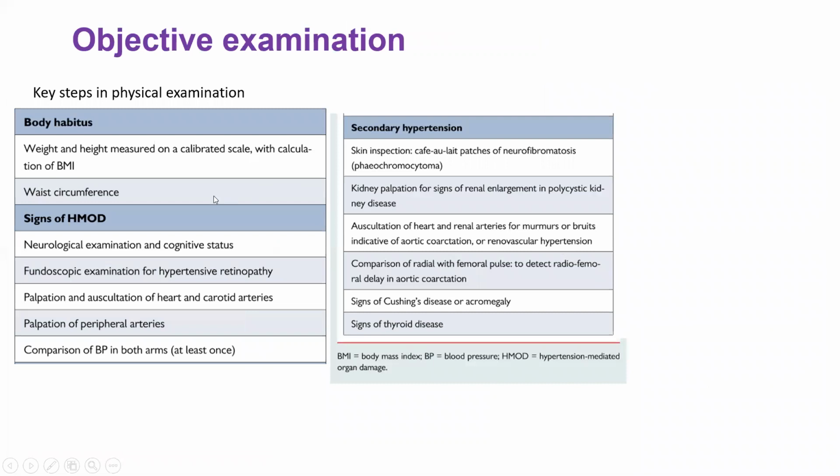During objective examination, we pay attention to body habitus, body structure. We measure weight and height, calculate body mass index, and also measure the waist circumference. We try to detect signs of hypertension-mediated organ damage, such as left ventricular hypertrophy.